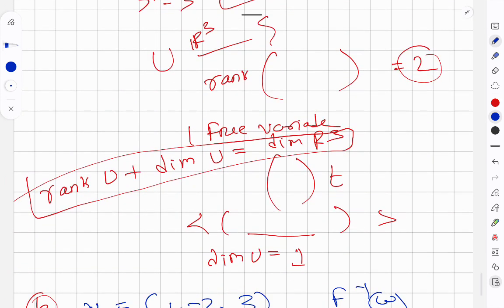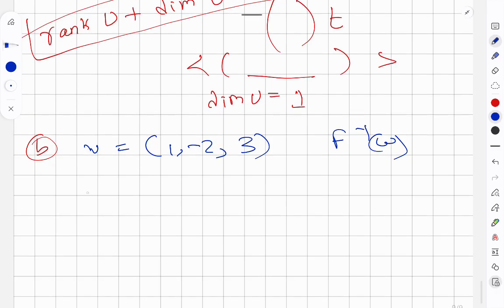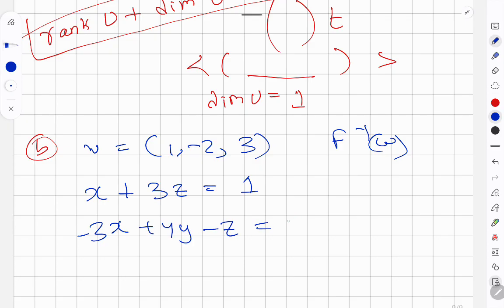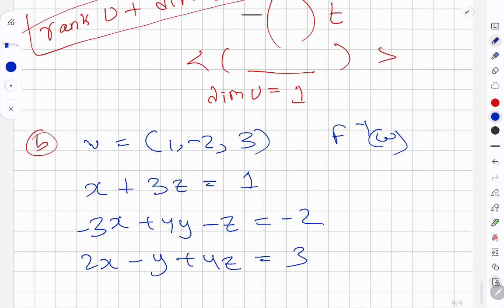This is our x plus 3z going to 1, 3x plus 4y minus z going to -2, and 2x minus y plus 4z is equal to 3.